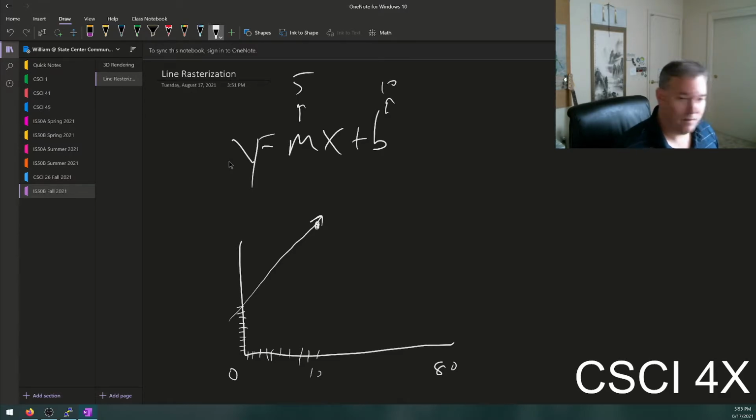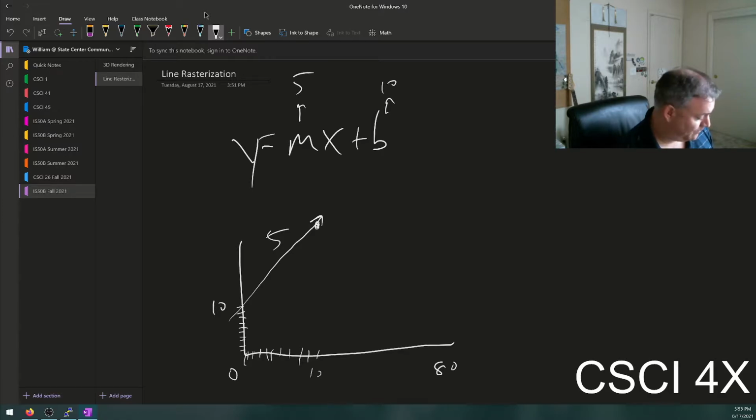So the slope is 5, the y-intercept is 10. For every x value, we're just going to figure out what the y value is by doing this. When x is 0, what is y? 10, yeah.